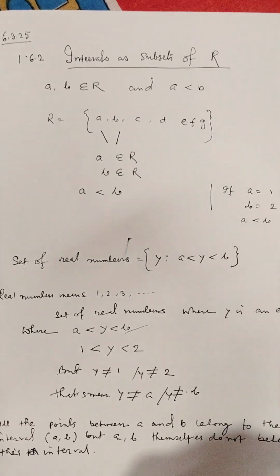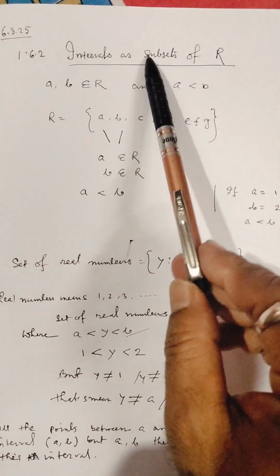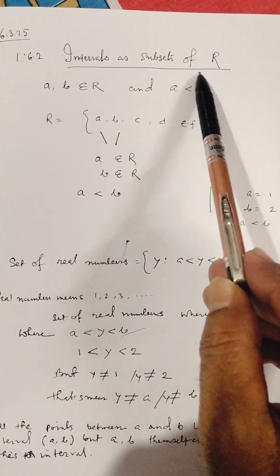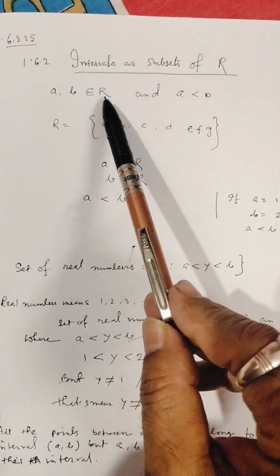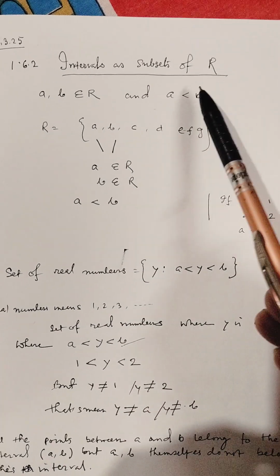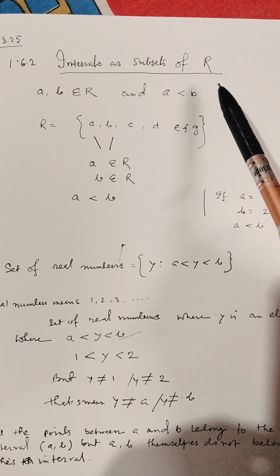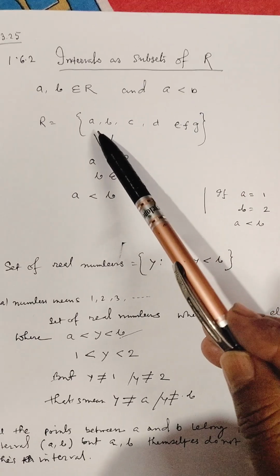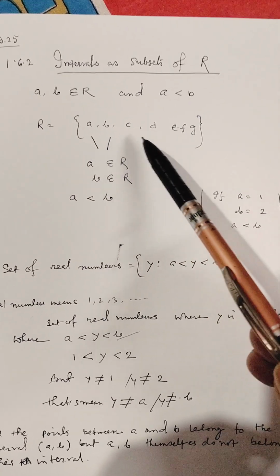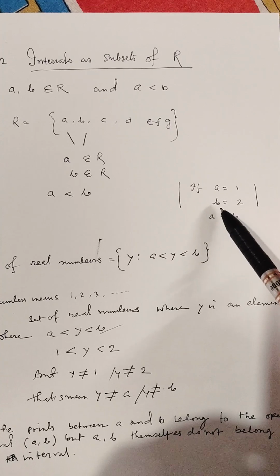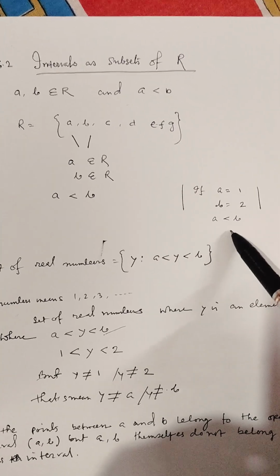Suppose intervals as subsets of R, a and b belong to R, a less than b. Let a is equal to 1 and b is equal to 2, so a is less than b.